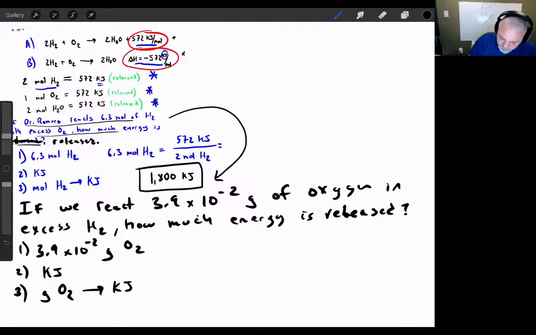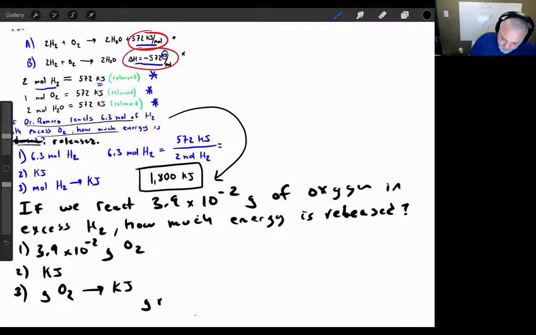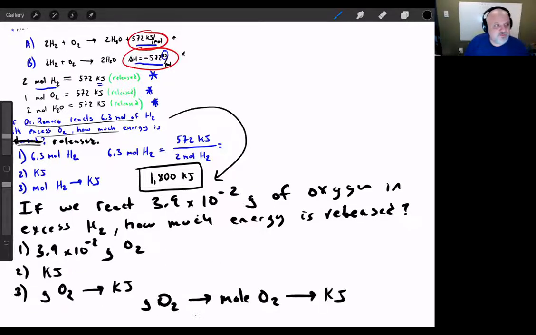But remember, just like before, chemical reactions do not speak in terms of grams. They speak in terms of moles. So I have to convert grams of oxygen to moles of oxygen, and moles of oxygen can then be converted to kilojoules.